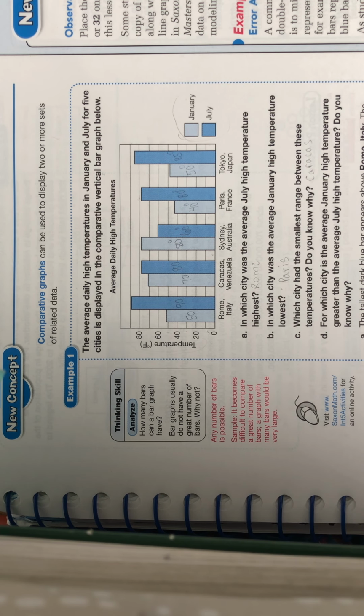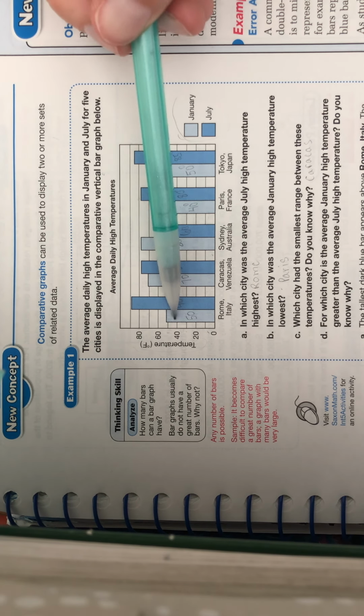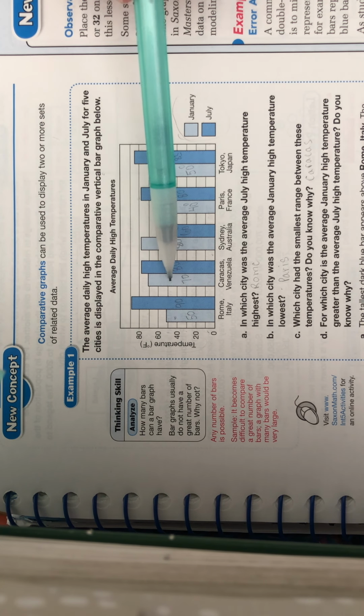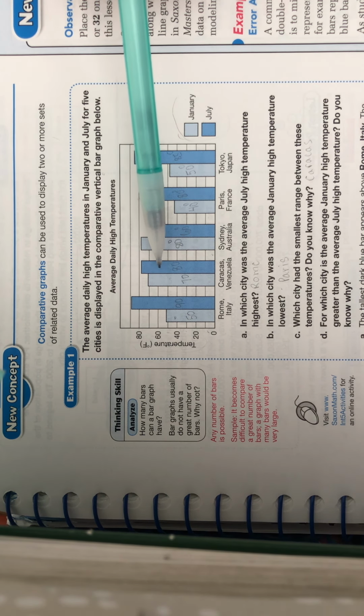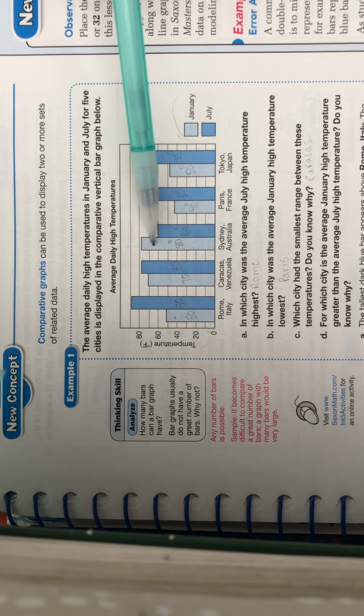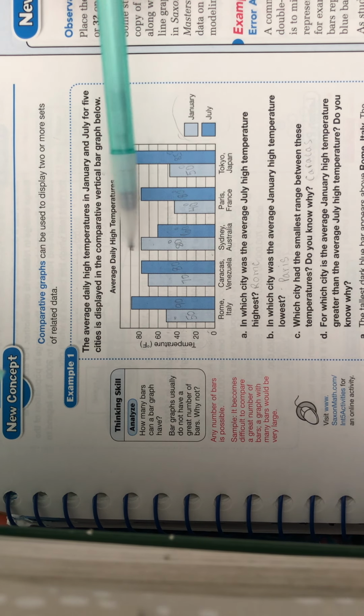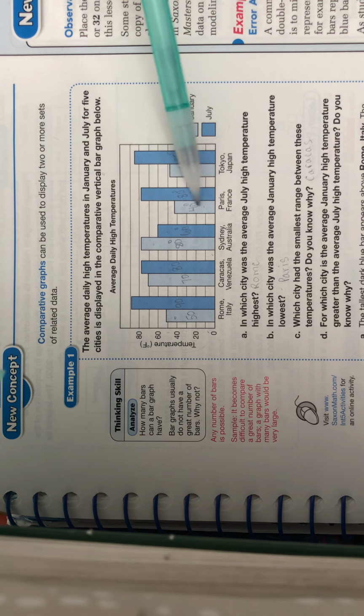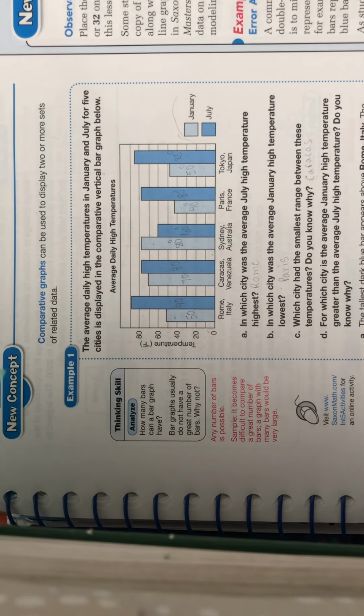Well, this is really just saying we want to look for a light blue bar that's taller than a dark blue bar. So is this light blue bar taller than this one? No. Is this light one taller than this one? No. Is this one taller than this one? Yes, but we'll come back just in case. Is this taller than this? No. Is this taller than this? Boom. Sydney.